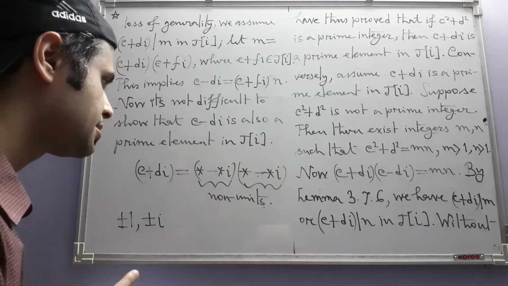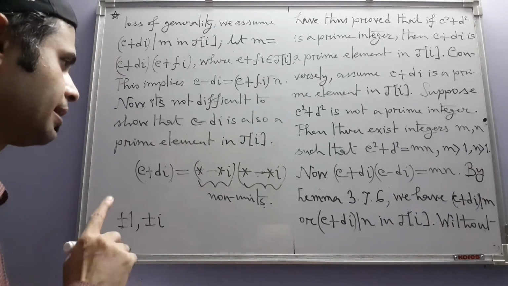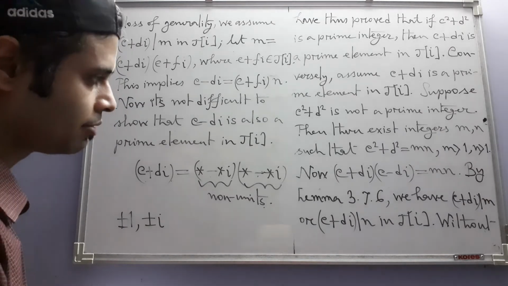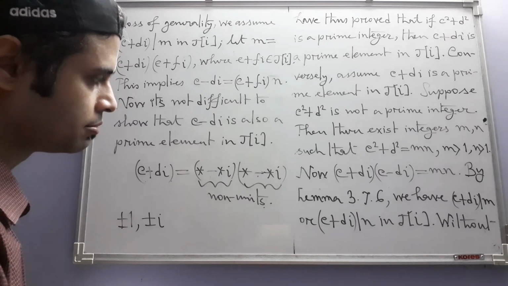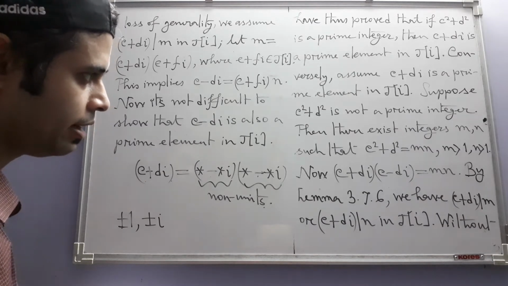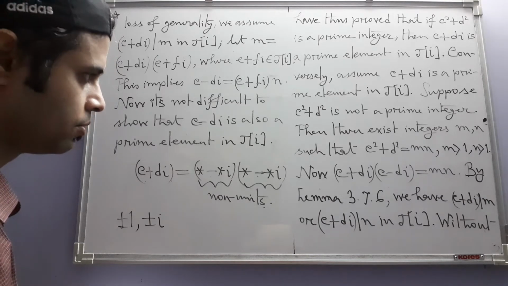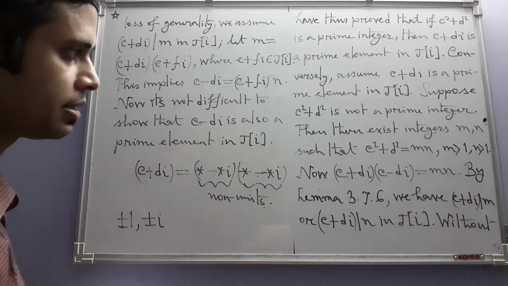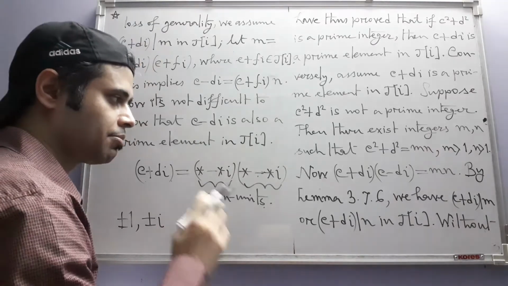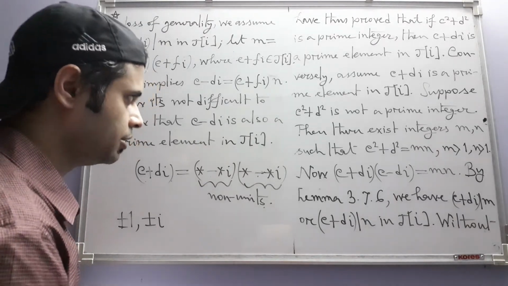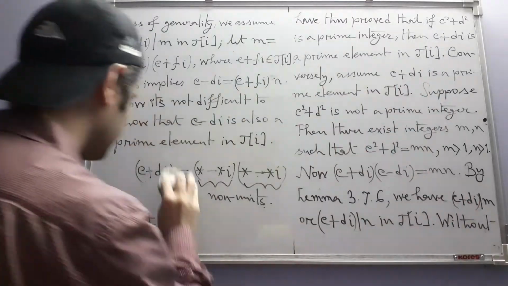Do I have C plus di as a multiple of, say, C minus di and a unit? No, because C plus di is a prime element. C plus di itself is not a unit. Okay, so I am stuck here.